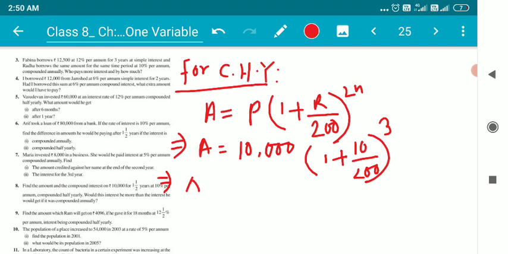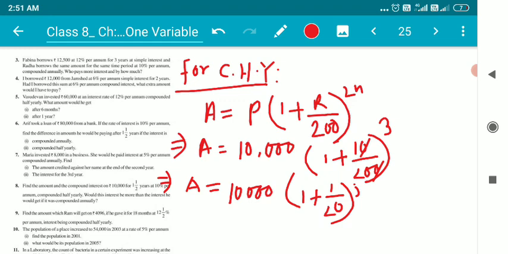What comes, children? The amount is equal to principal 10,000 into 1 plus 10 by 200. The zeros can be cancelled, and I'll get 1 plus 1 by 20, whole to the power 3. Now again, the amount is equal to 10,000 into 1 plus 1 by 20.